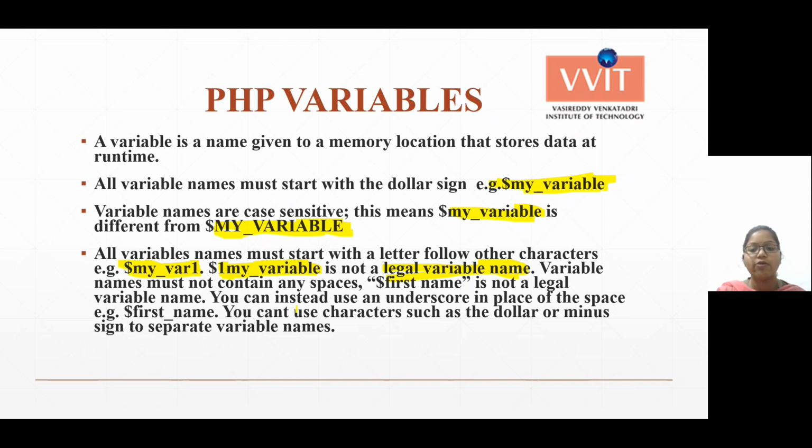We should not use a dollar or minus sign or commas to combine them. First is a string and name is a string. To combine these, we need to use only an underscore symbol in PHP variables. These are the rules of the variables used in PHP.